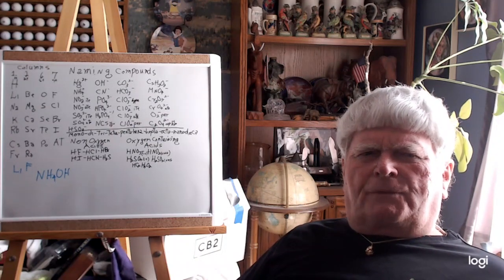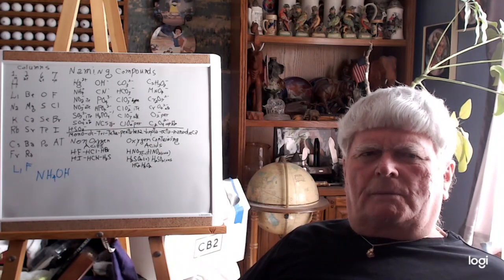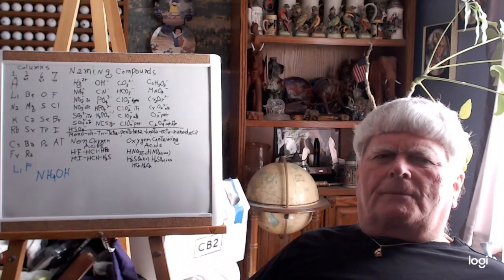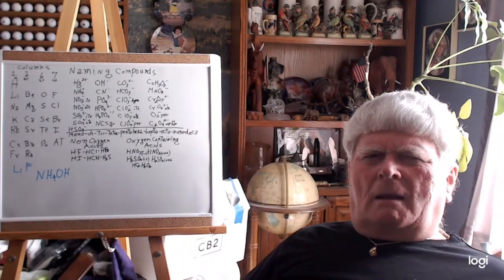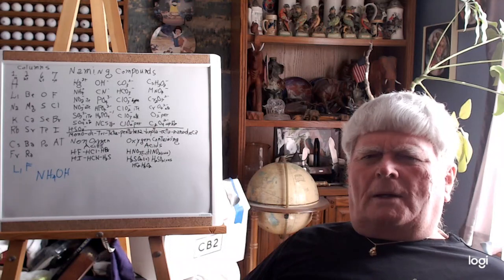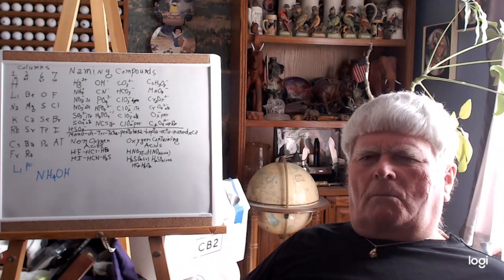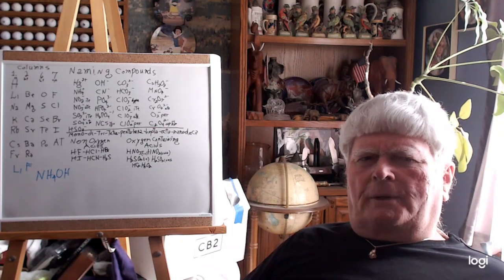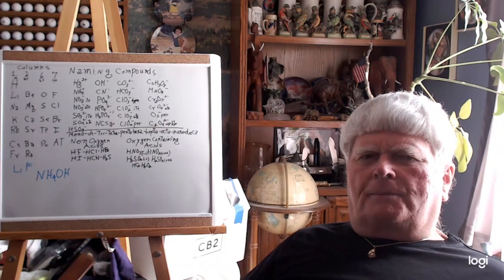Now, some other information that might be useful to you. One atom of an element is called mono, 2 di, 3 tri, and so on, as listed there.